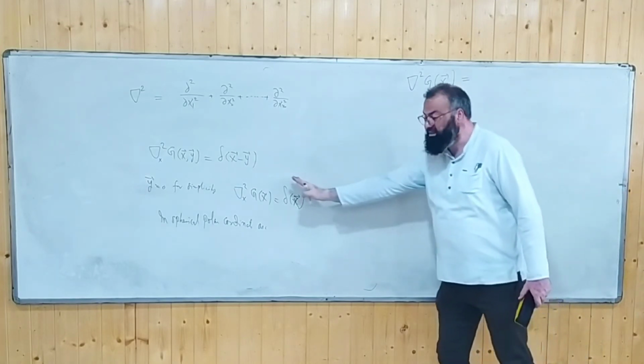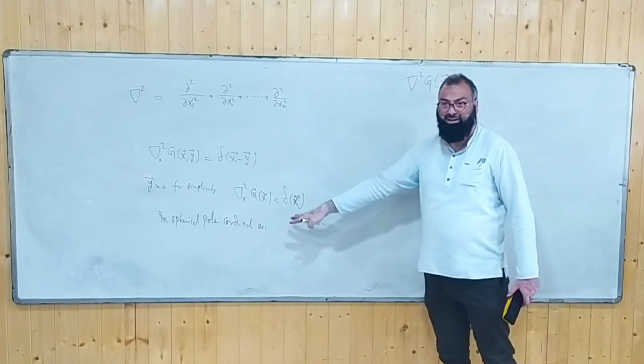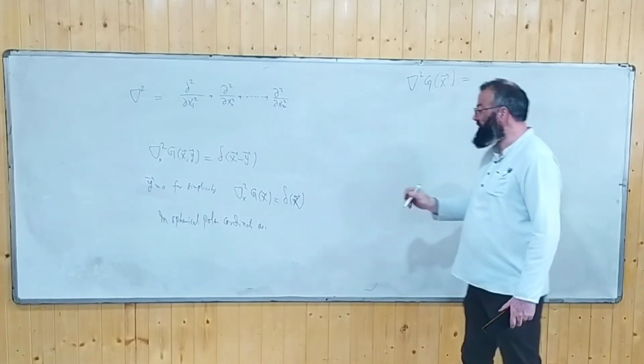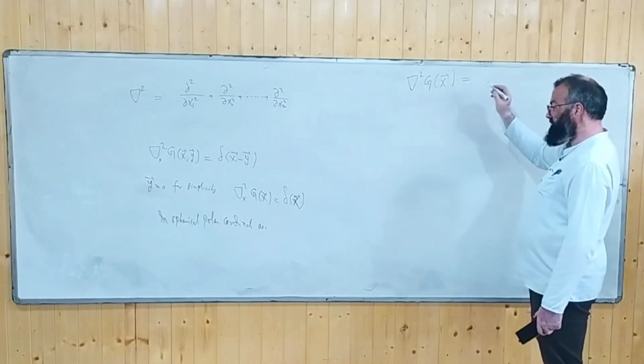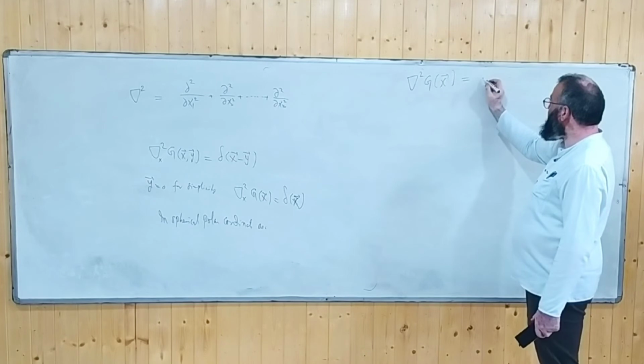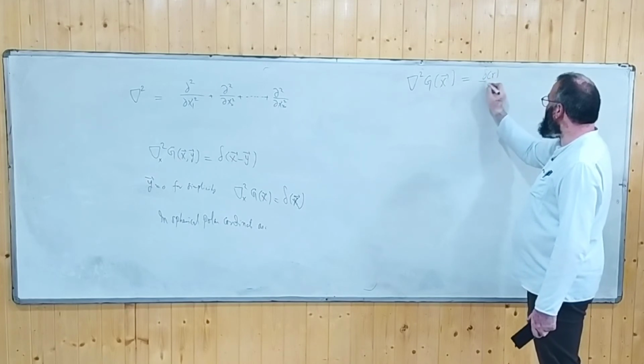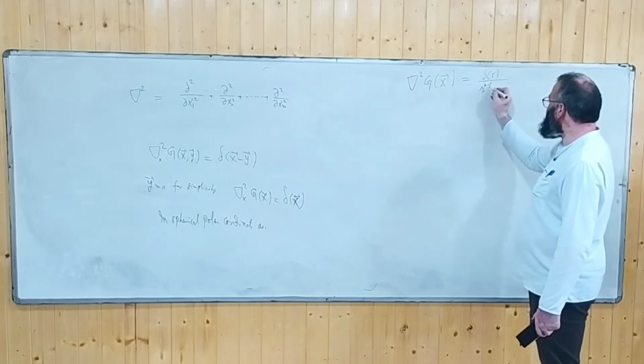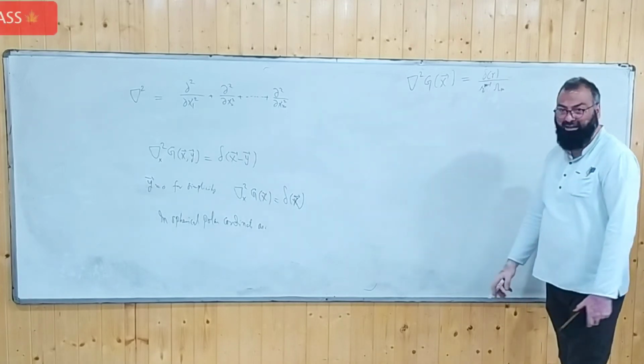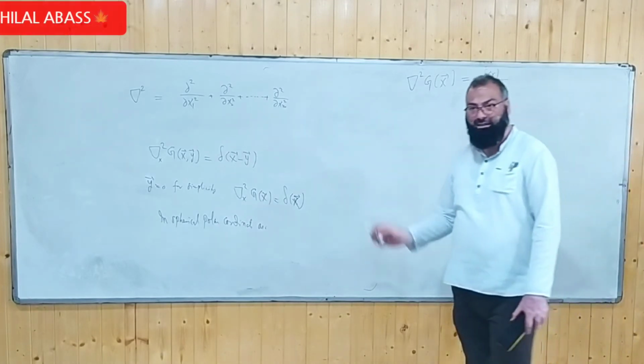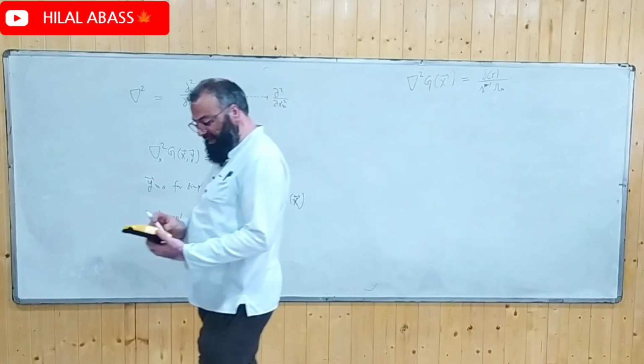What about this delta function? It will change, right? In spherical polar coordinates, how does it look? It simply looks like delta of r divided by r raised to the power m minus 1, omega m. Omega m means the solid angle in m dimensions. I will not write the value explicitly now; at the end, we will put the value.